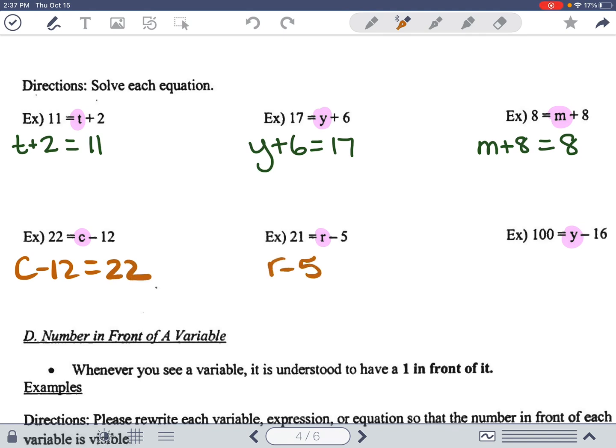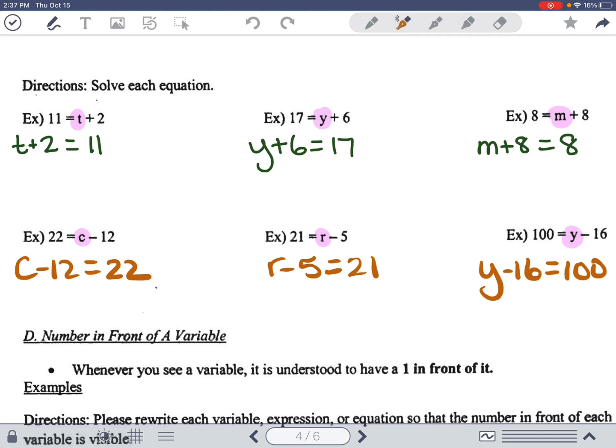R take away 5 equals 21. And y take away 16 equals 100. I did not change any values of anything. I just switched the 2 sides. From there, you can perform one operation to isolate the variable by itself. And it should be pretty easy to get started here.